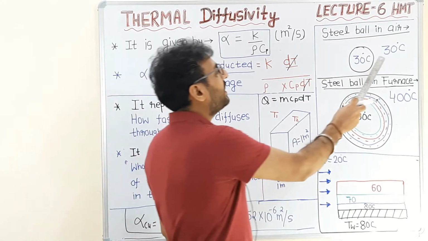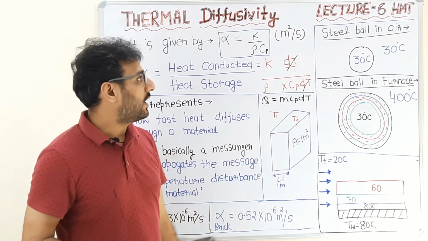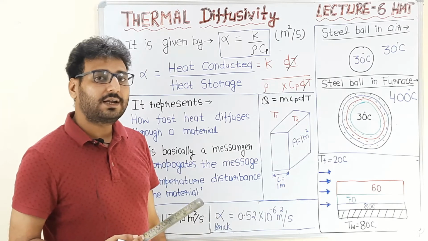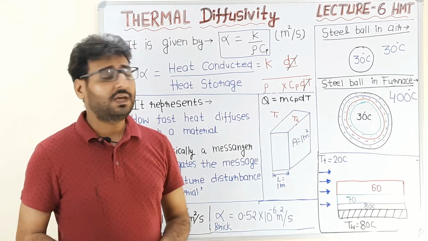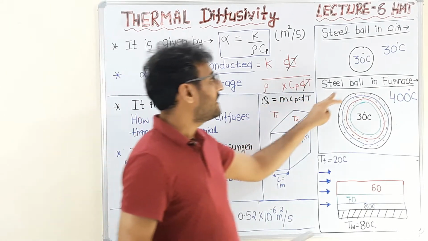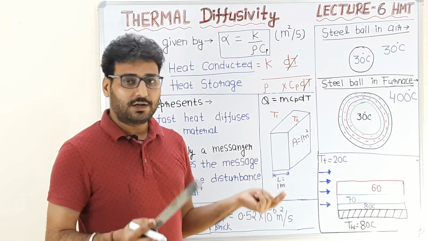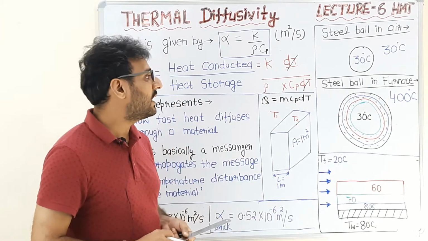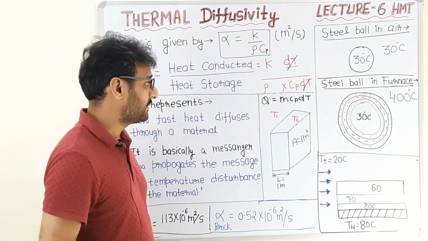Now temperature of the air is 30 degrees centigrade. It means the temperature of steel ball should be 30 degrees centigrade because it is in thermal equilibrium with the surrounding air. Now we have placed this steel ball in a furnace in which the temperature of combustion gases is generally 400 degrees centigrade. Now what happens?